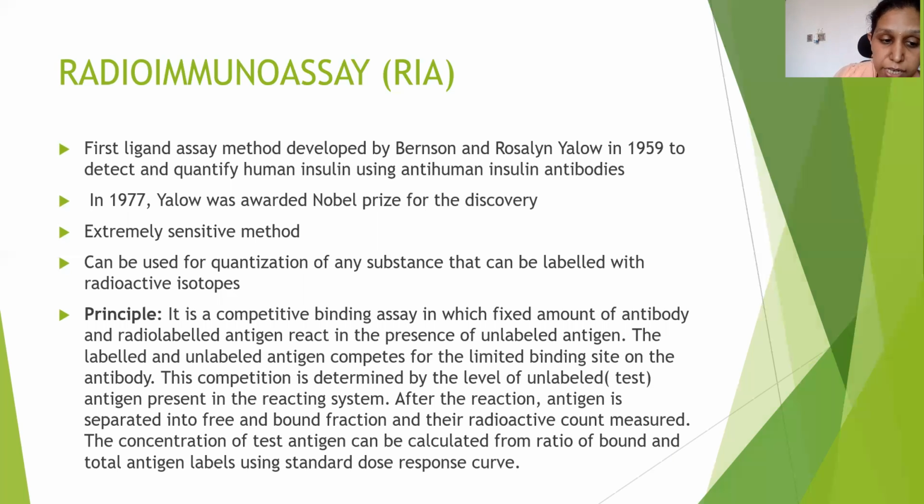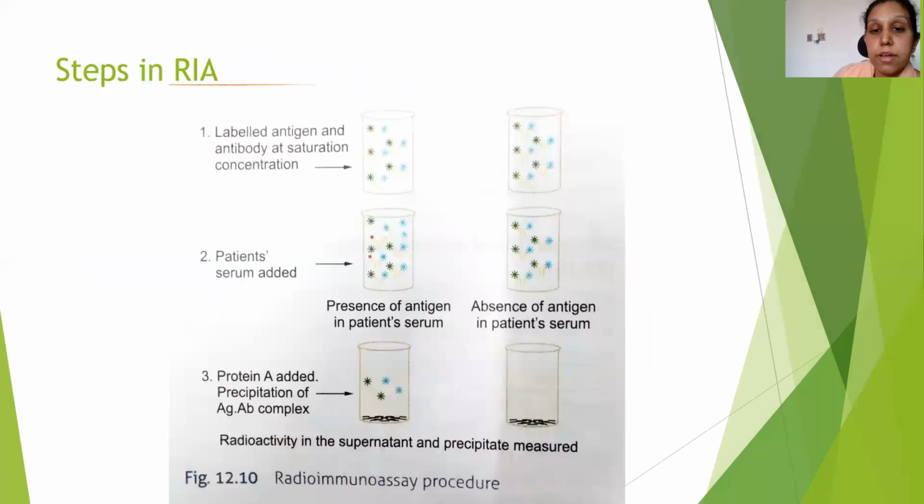After the reaction, the antigen is separated into free and bound fractions and their radioactive count is measured. The concentration of test antigen can be calculated from the ratio of bound to total antigen label using a standard dose response curve. So this was theoretical.